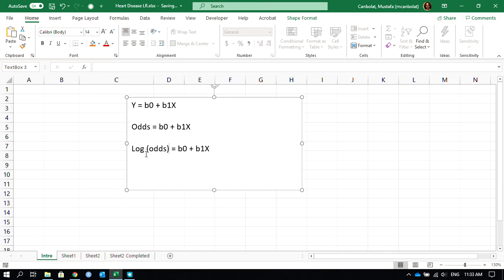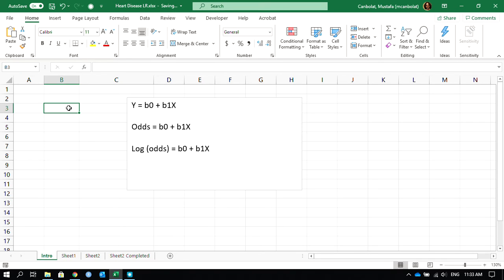Once we find this, we could find the odds from here, and then from the odds we could find the probability. This log of odds is called logit. So we will build a model to calculate the logits, and then from the logits we will find odds, and from the odds we'll find the probability.